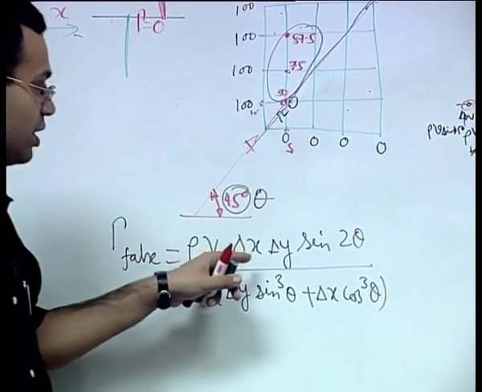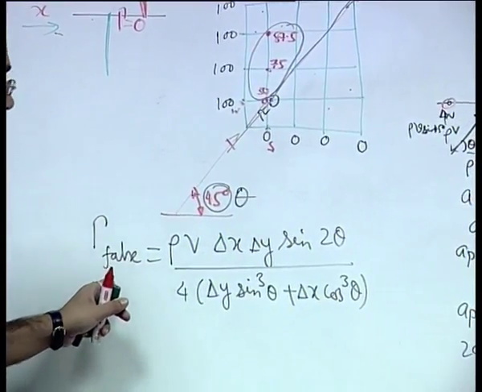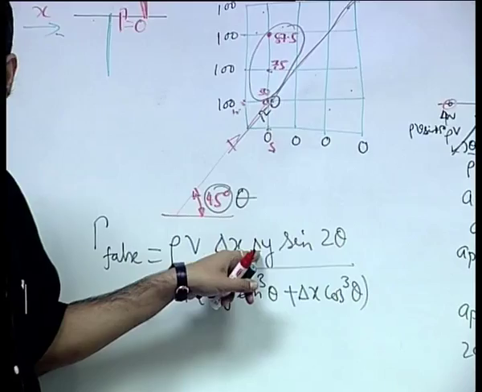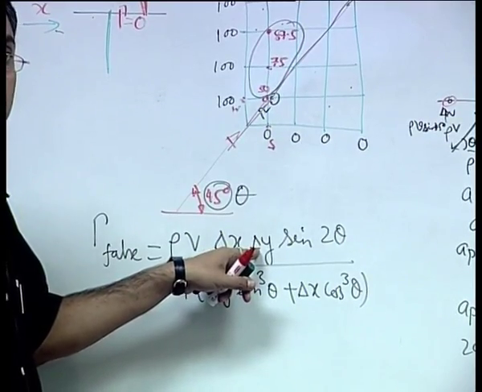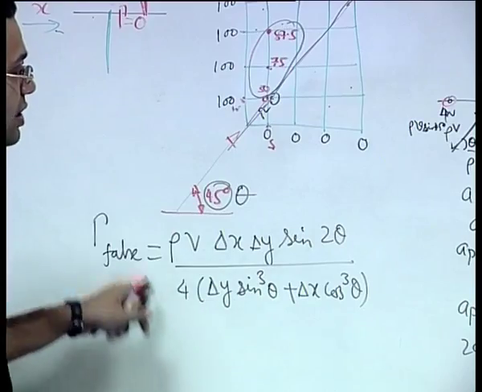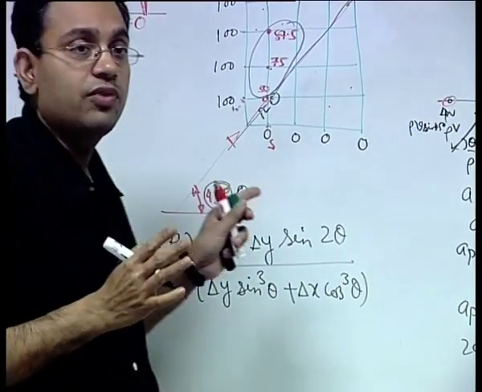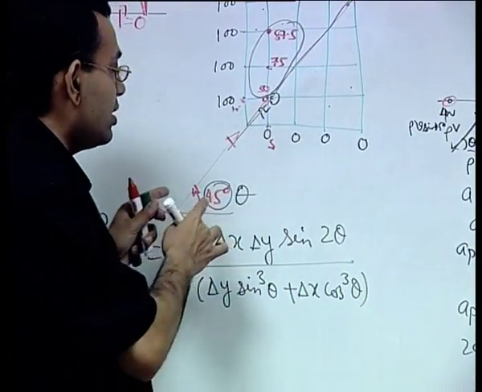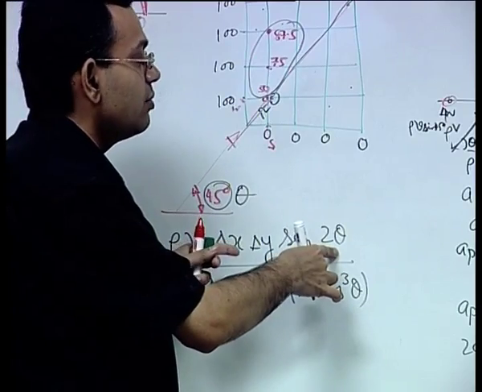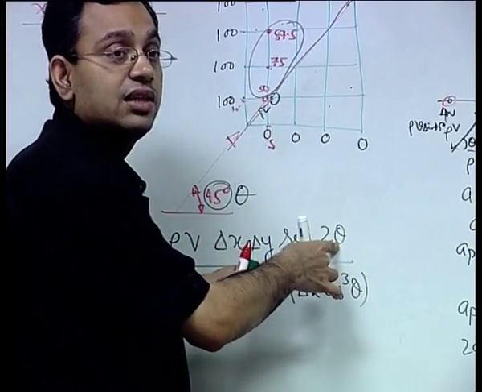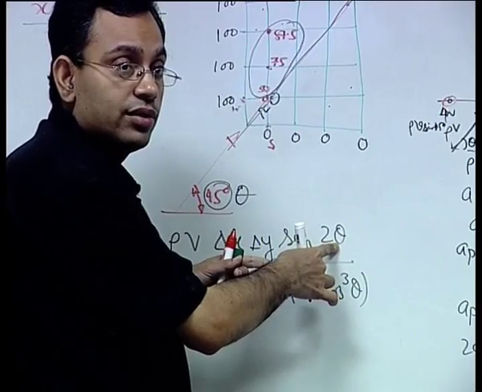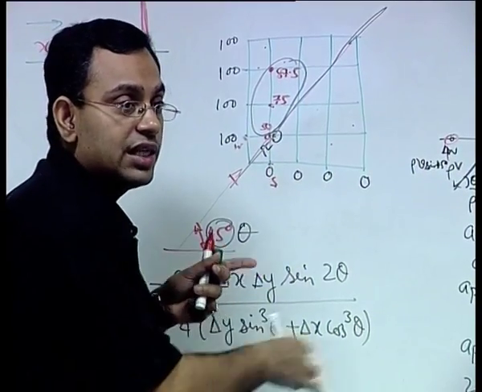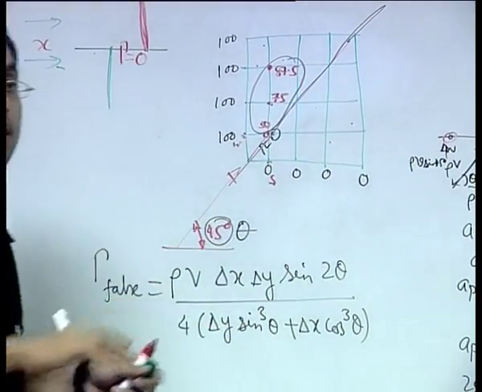You can of course minimize the false diffusion coefficient by reducing the grid spacing delta x, delta y, these types of things. So this formula gives us a clue. It is not important for us to remember the formula. What is important is to understand that the false diffusion is governed by this angle theta, which is very important. If you make this angle theta equal to 0, the false diffusion coefficient is gone, that is, when the flow is oriented along the grid lines.